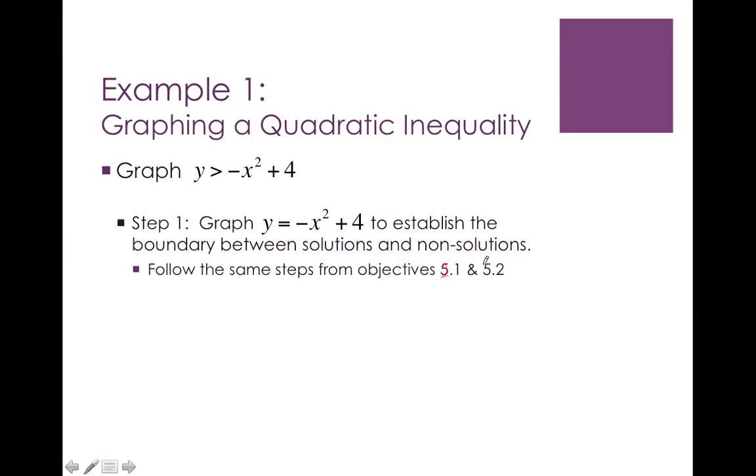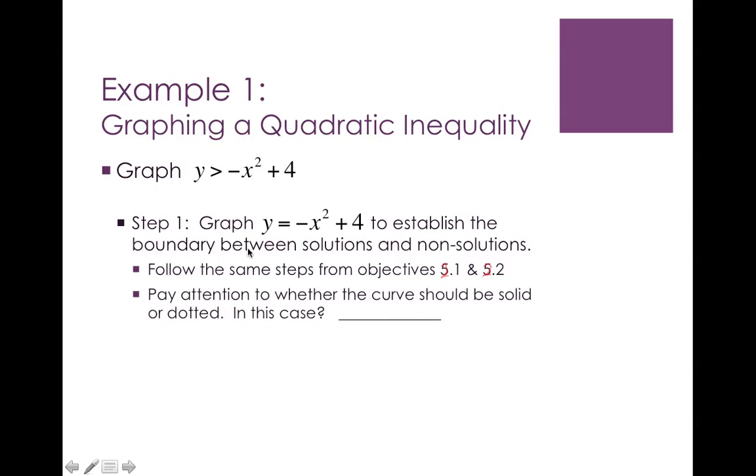So at the beginning of the chapter, when we talked about graphing parabolas, we should already know how to do this, and we're going to use those same steps. Make sure you pay attention to whether the curve should be solid or dotted. Once you decide where the parabola should go and you've got all your points in place, when you go to draw the parabola, make sure you're drawing it solid or dotted based on the inequality.